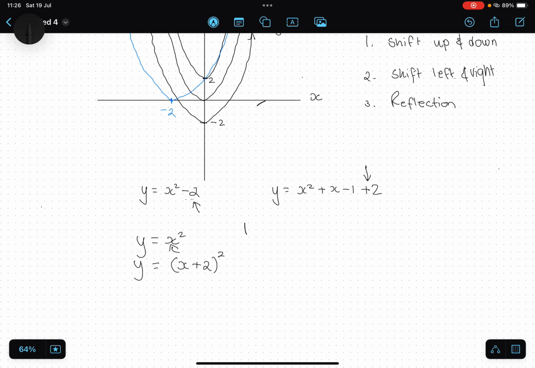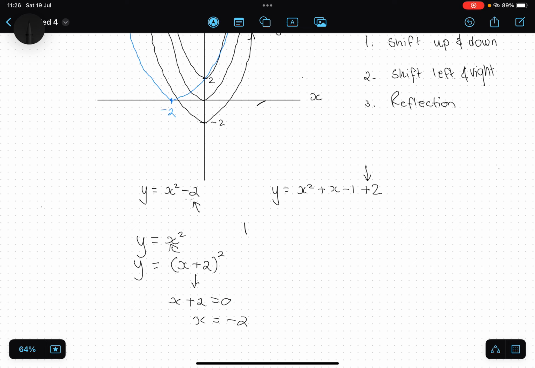And why is it plus 2, not minus 2? This has to do with the fact that if you look at the root shift, okay, so if we want to shift it to the left, if we are looking at this thing here and we had to solve it, okay, remember how in quadratic equations you have the bracket equals 0, so let's say it was x plus 2 equals 0, x will be equal to minus 2.